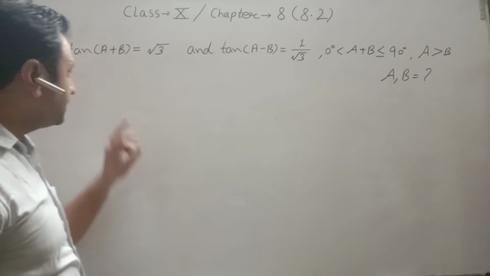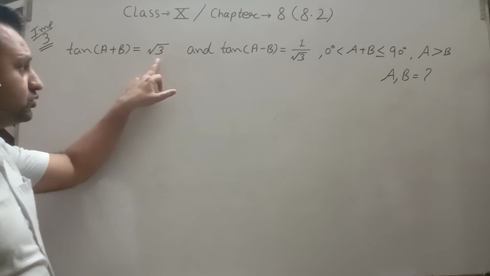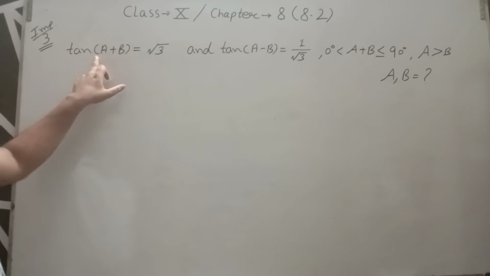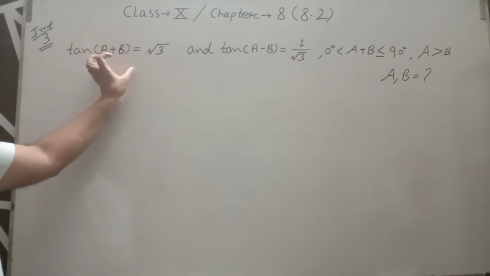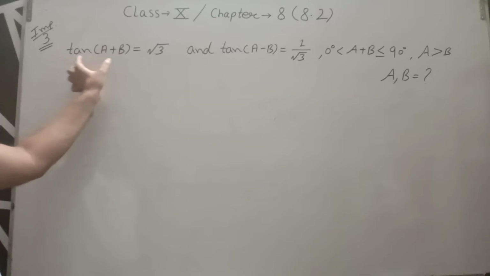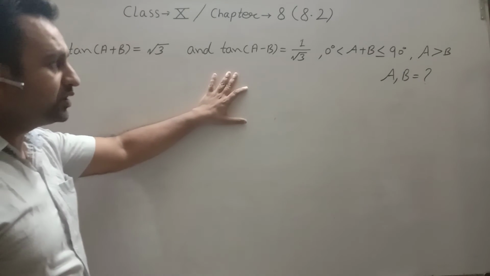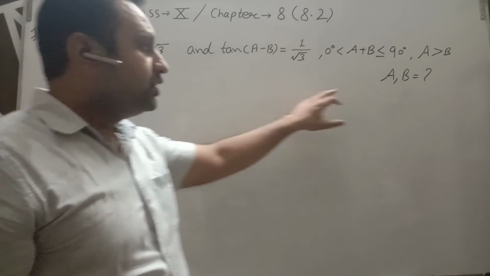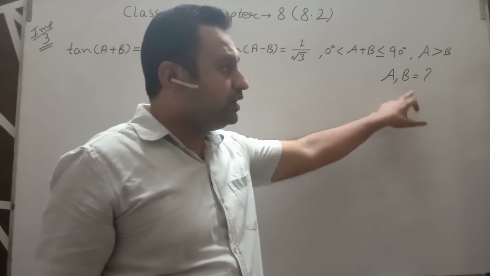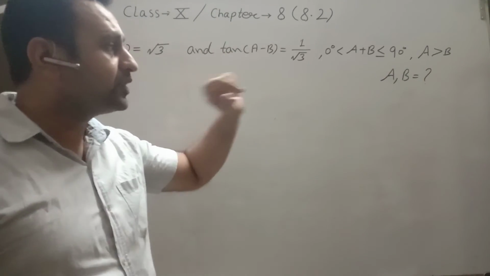it is given that tan (a plus b) equals under root 3. In this, a plus b is a complete angle. So tan (a plus b) equals under root 3 and tan (a minus b) equals 1 upon under root 3. We have to find out a and b, and some conditions are also given.